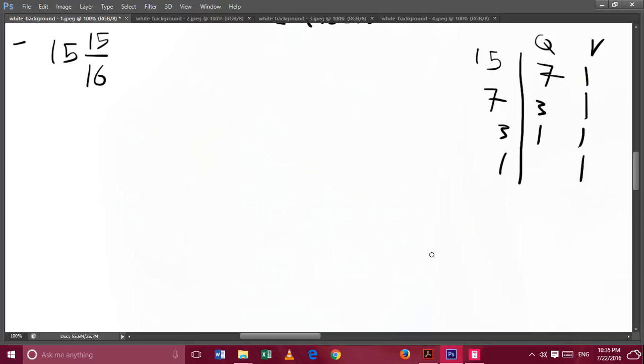So 15 indeed is this number: 1, 1, 1, 1. If you want to add them up to make sure, it's going to come up like this. Okay, now 15 over 16.